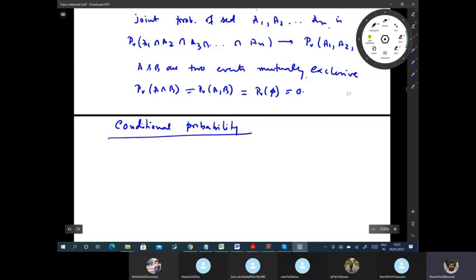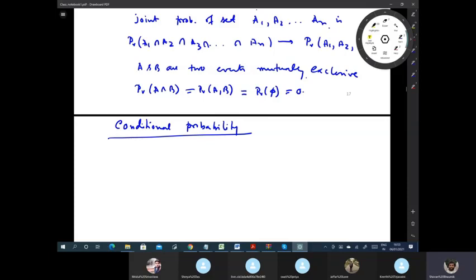Okay, what is the conditional probability? From the probability we see, it may happen that something has happened, then what is the probability of getting some other event? That means what is the probability of event A when there is a condition that B has already happened?